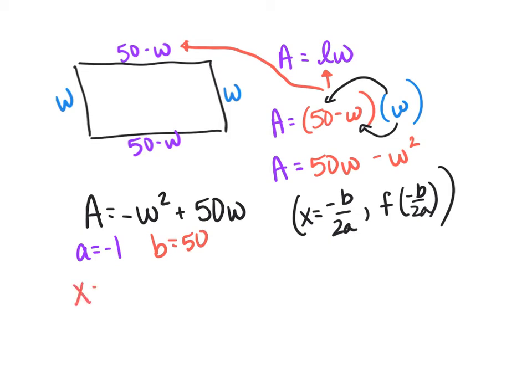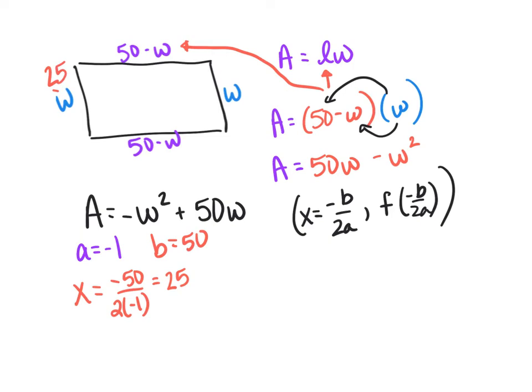So to get the X coordinate, I'm going to do negative 50 over 2 times negative 1. And that'll be negative 50 over negative 2, or just 25. So the maximum width, or the width that's going to produce my maximum, is when this right here is 25.